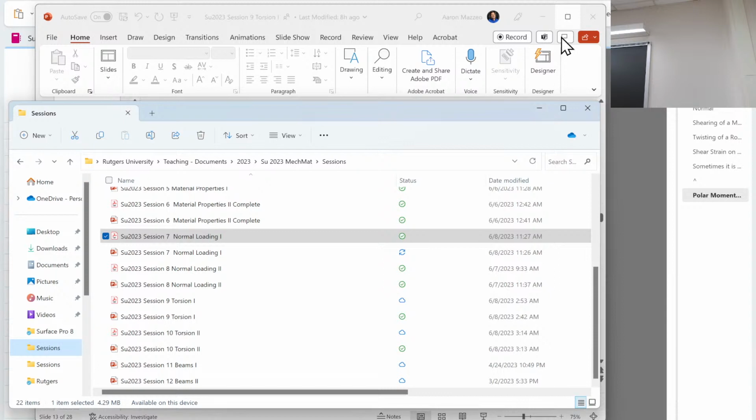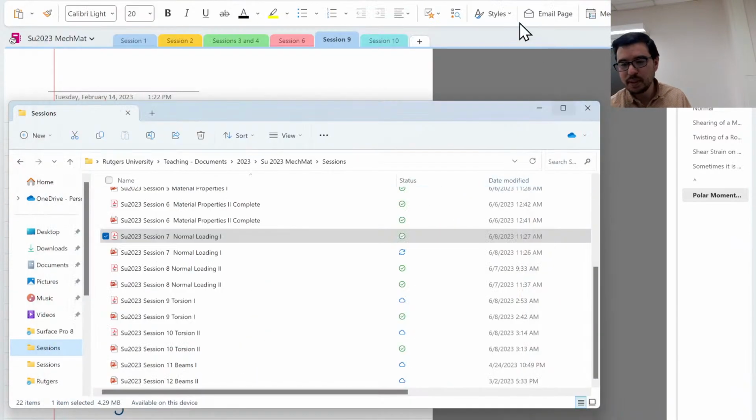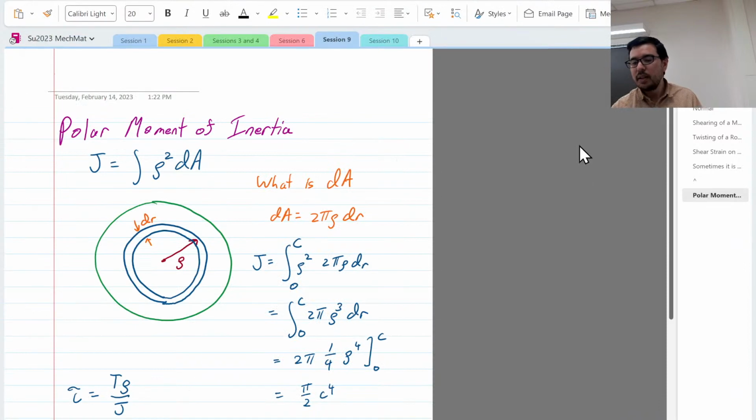But we can also go through other things. I think we're on pace. Right now we're on a good pace to finish all the material that we've been wanting to cover.